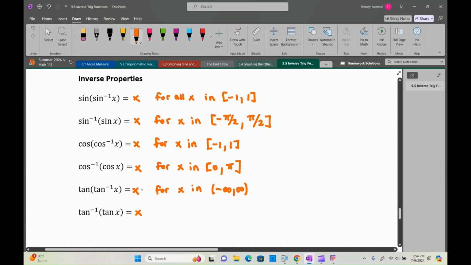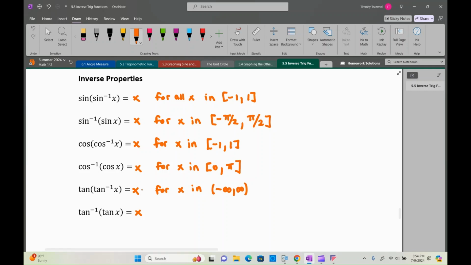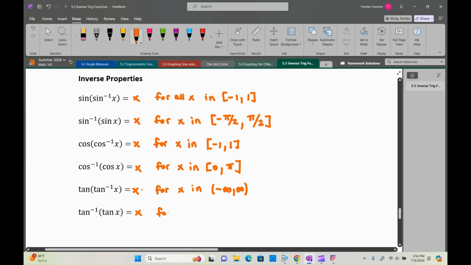So this one's not going to create any issues at all. On the other hand, the next one will, because again, tangent inverse can only give us angles that are between minus pi over 2 and pi over 2.